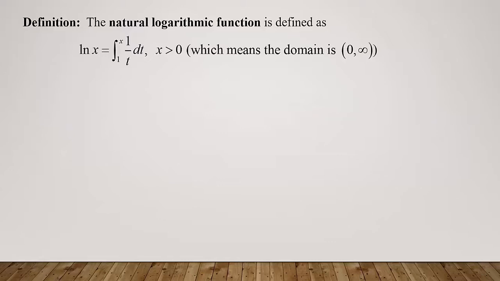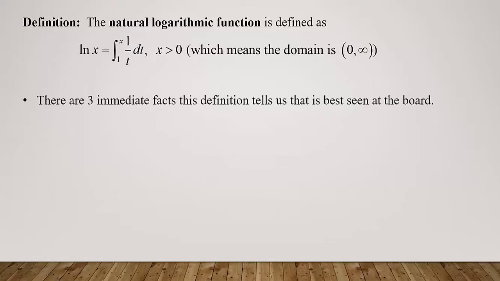And in this definition, x is greater than 0, which in essence means the domain is 0 to infinity. Now, folks, there are 3 immediate facts this definition tells us, and I think we need to head off to the chalkboard so we can see what these 3 immediate facts are.